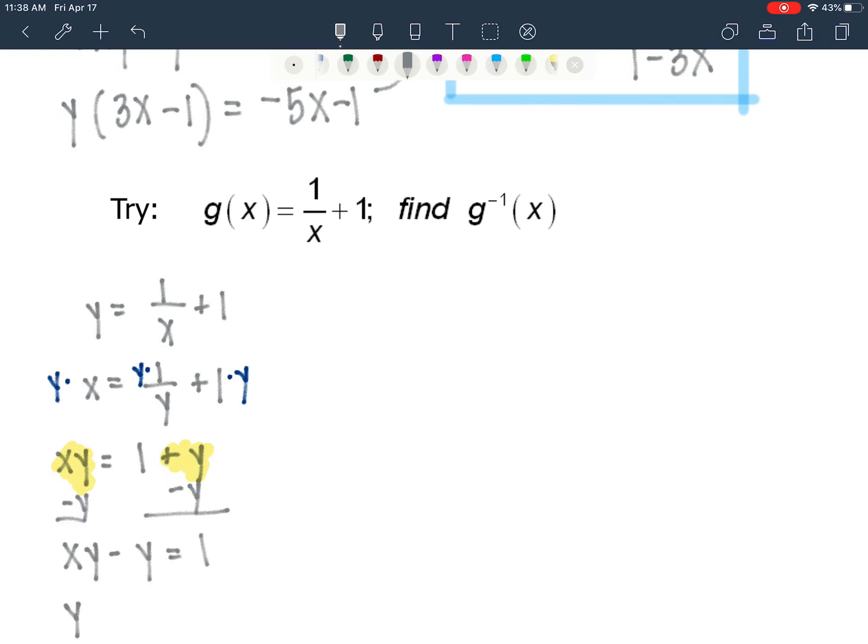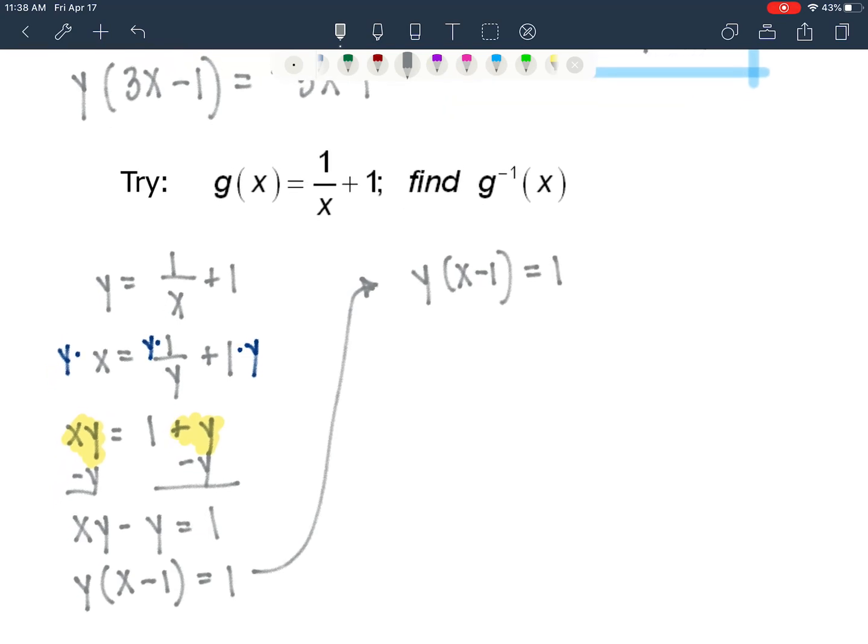I'm going to factor out a y. I factor out that y, and now I can solve for y by dividing both sides by x minus 1.